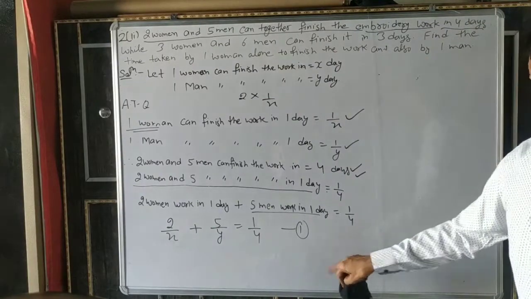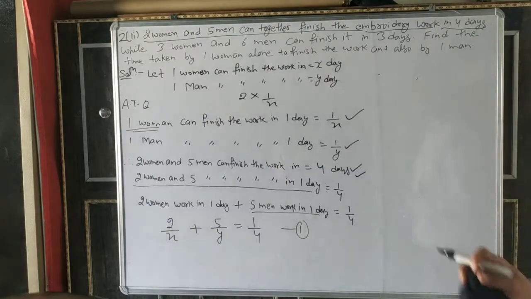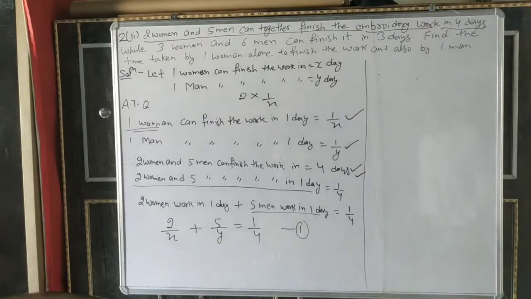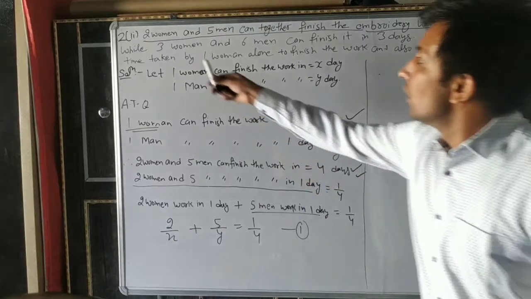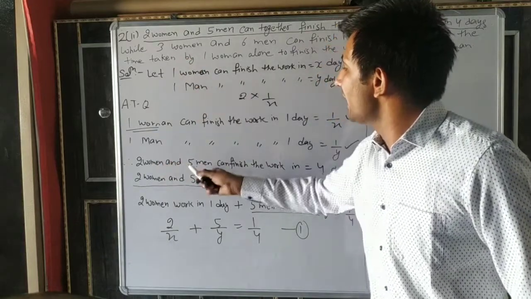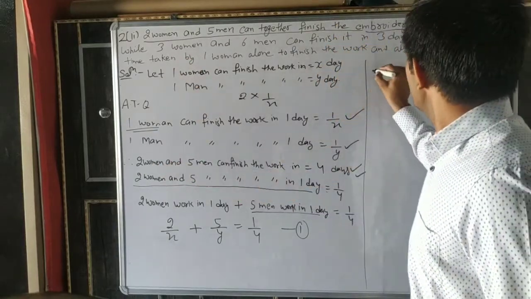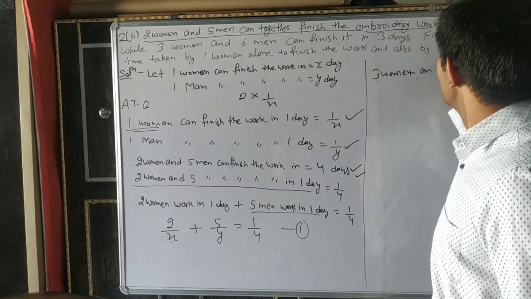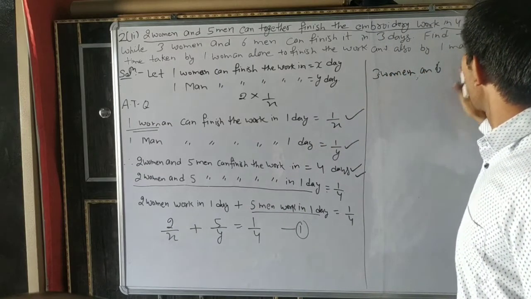If you understand equation number 1, you can find yourself equation number 2 also. What will we write in the question for the second equation? We will write same as it is. In place of 2 women, you will write 3 women and 6 men.